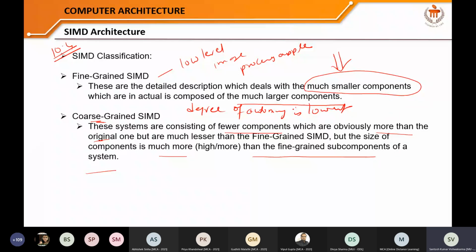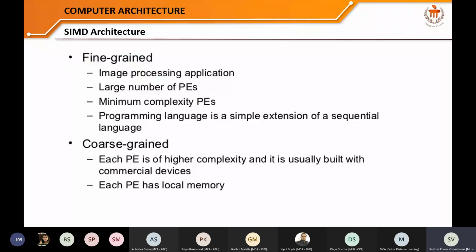Fine. Based on this introduction, let me explore many things about this, and we'll have a detailed comparison of the fine-grained and the coarse-grained. What I said earlier is that fine-grained is used for image processing applications, and it was started by NASA itself. Various examples and structures exist. It has a large number of PEs, minimum complexity, and the programming language is a simple extension of sequential language in terms of software.